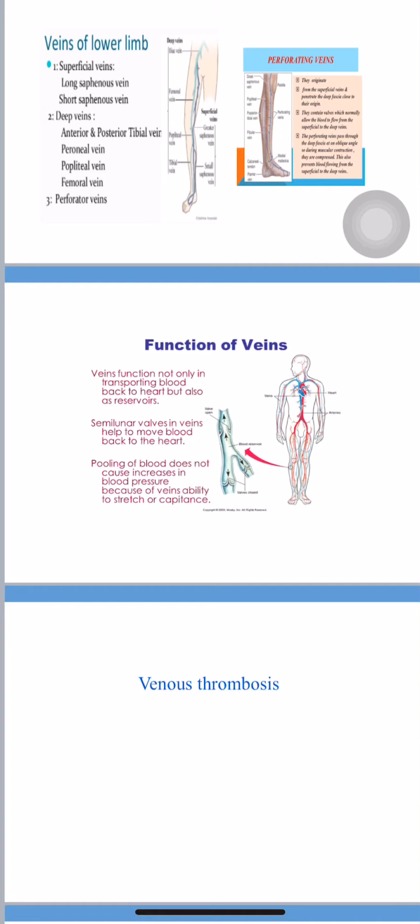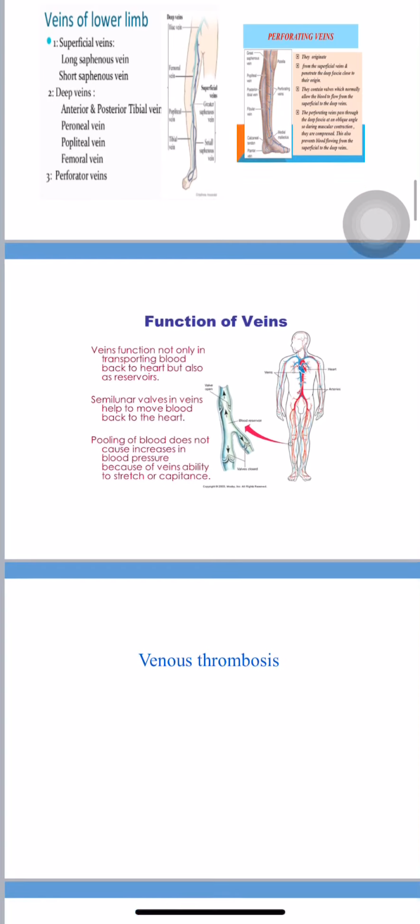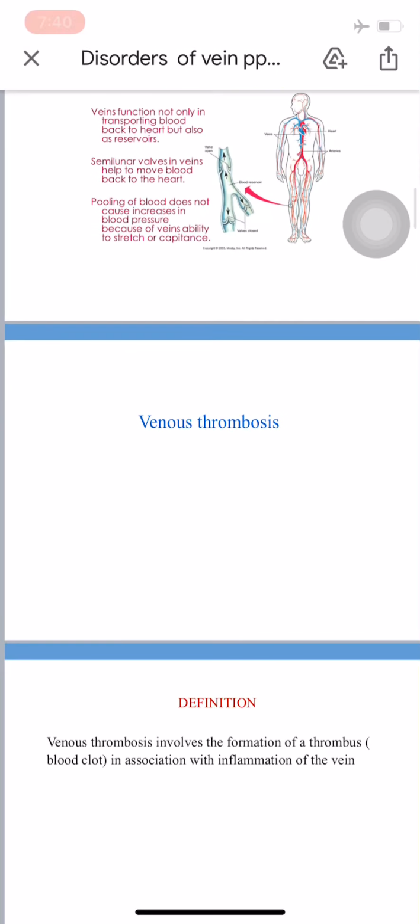Next is the pooling of blood, which does not cause an increase in blood pressure because the veins have an ability to stretch. So the veins have stretching capacity, which helps avoid a rise in blood pressure as blood flows through the veins. These are the three main functions of veins.